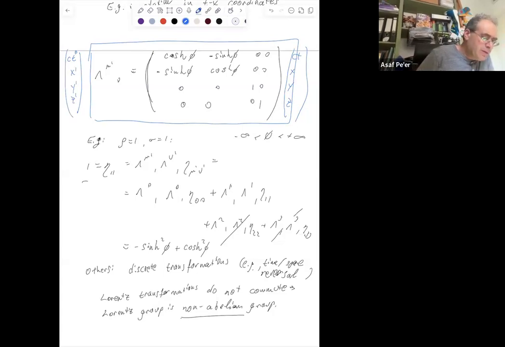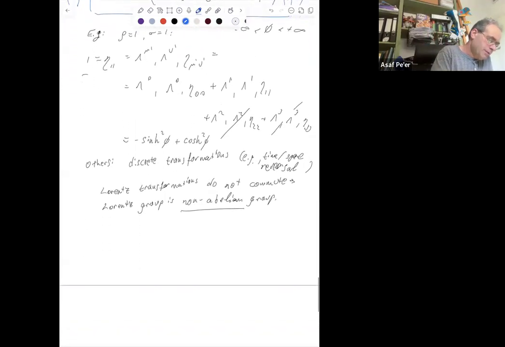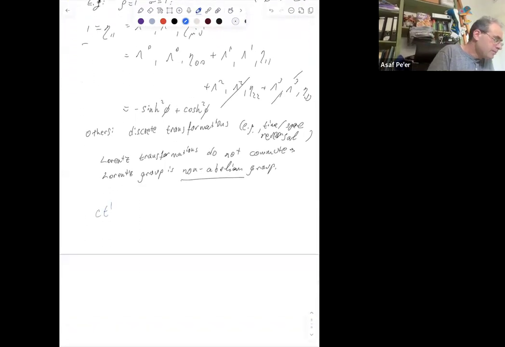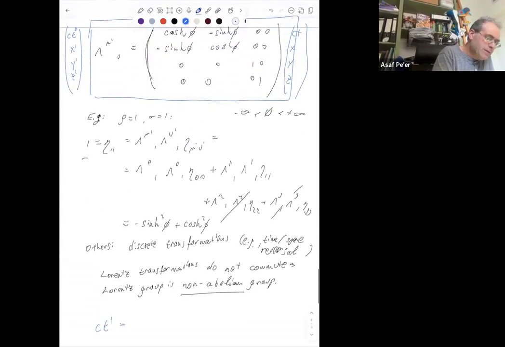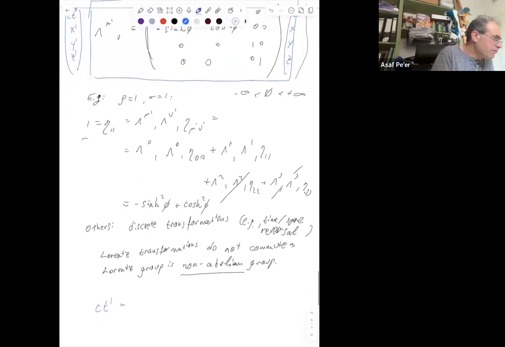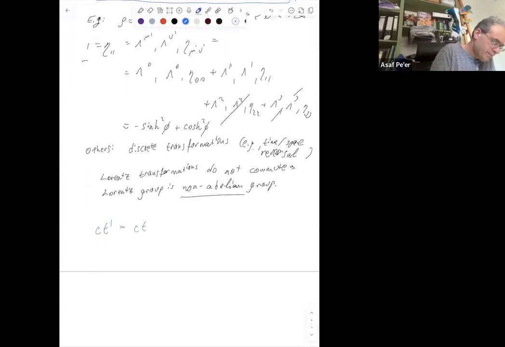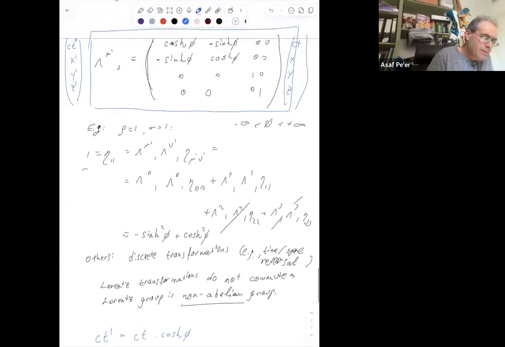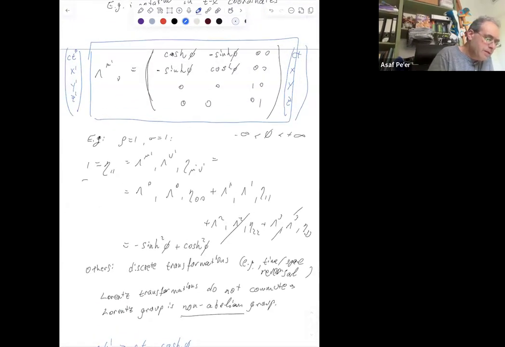Right, so if I do this multiplication, what do I get? Well, CT prime is equal to CT times cosine hyperbolicus of phi minus x times sine hyperbolicus of phi.